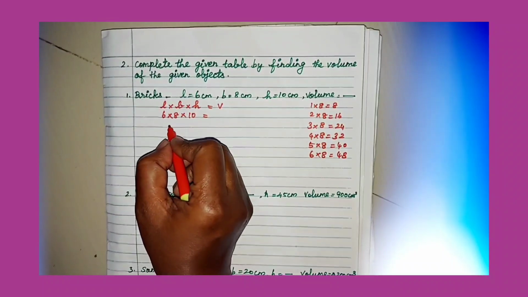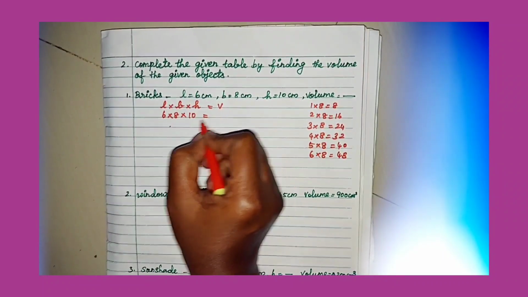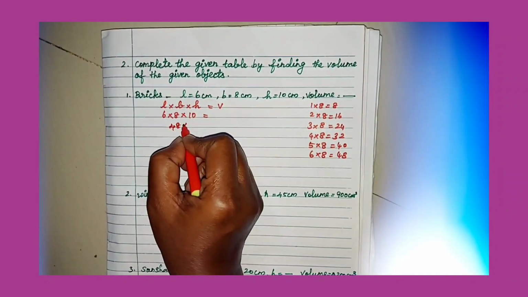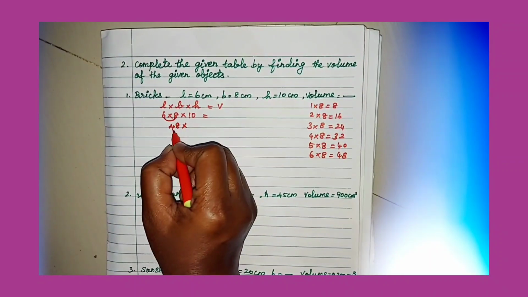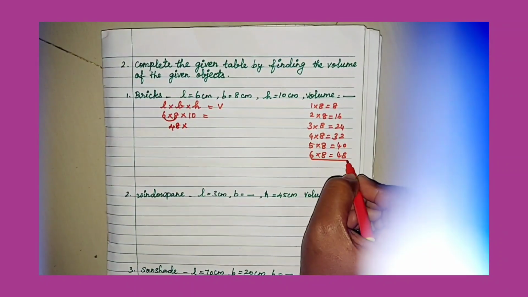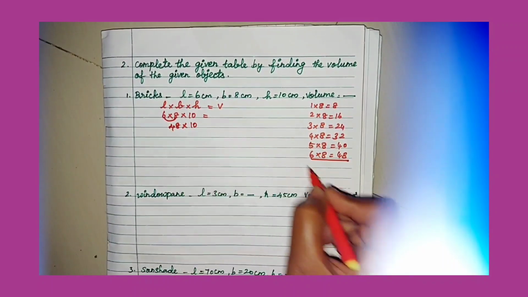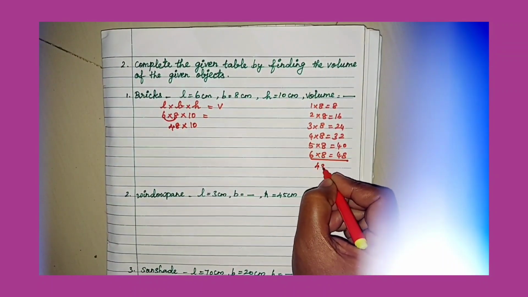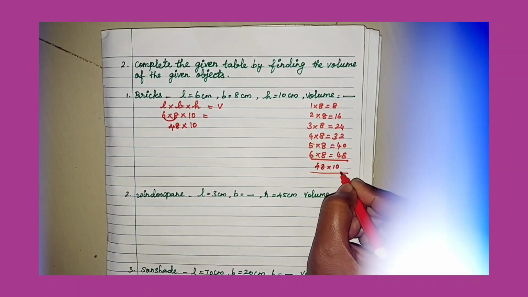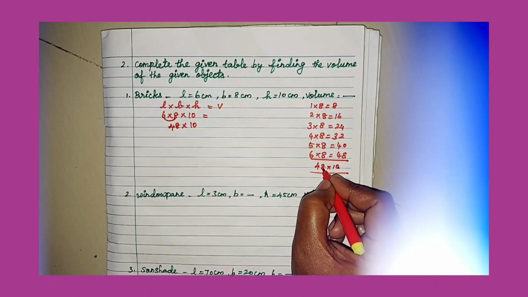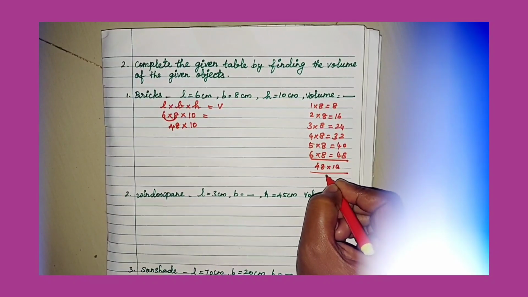So 6 into 8 is 48. Into the last value 10, so 48 into 10. 0 into any number gives 0.